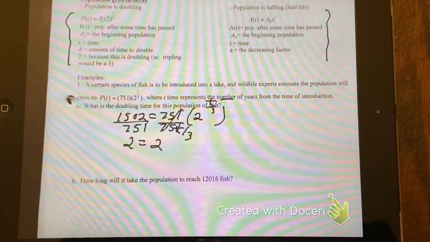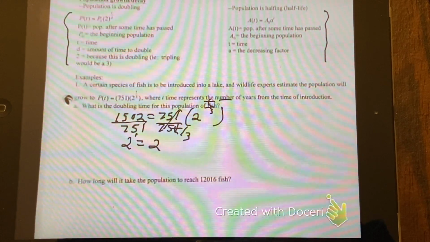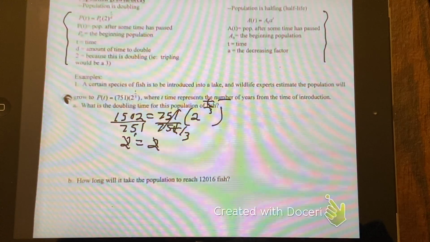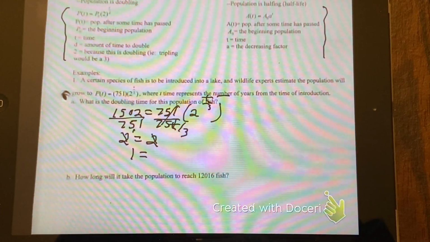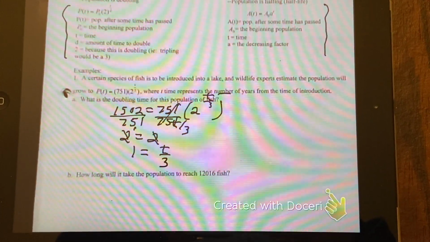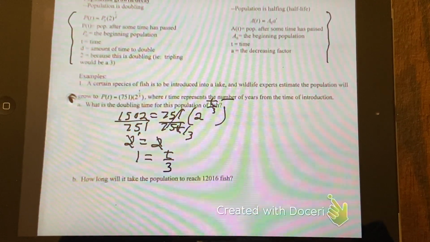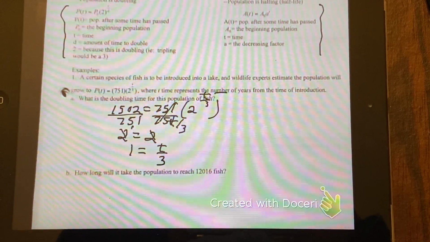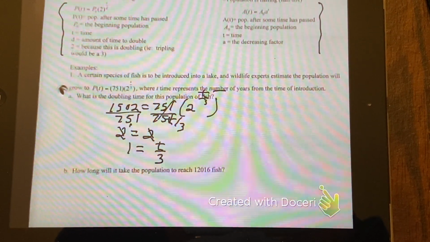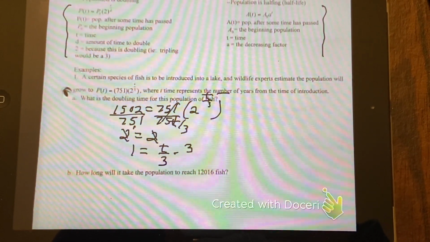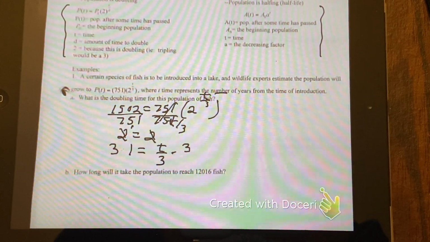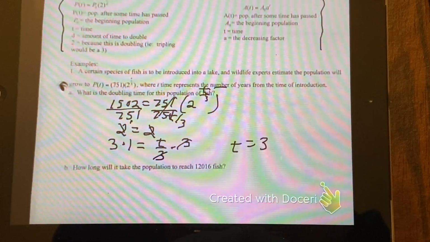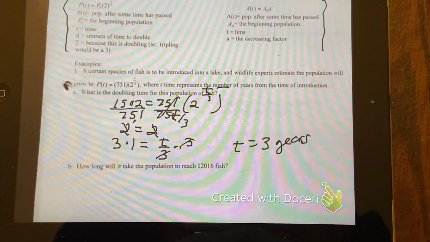Check out our exponents. 2 to the first equals 2 to the T over 3. Same base, set your exponents equal to each other. When you do that, you're able to solve for T. If I solve for T, I'm going to multiply by the reciprocal, and that way the 3 will cancel. So T is equal to 3 years.